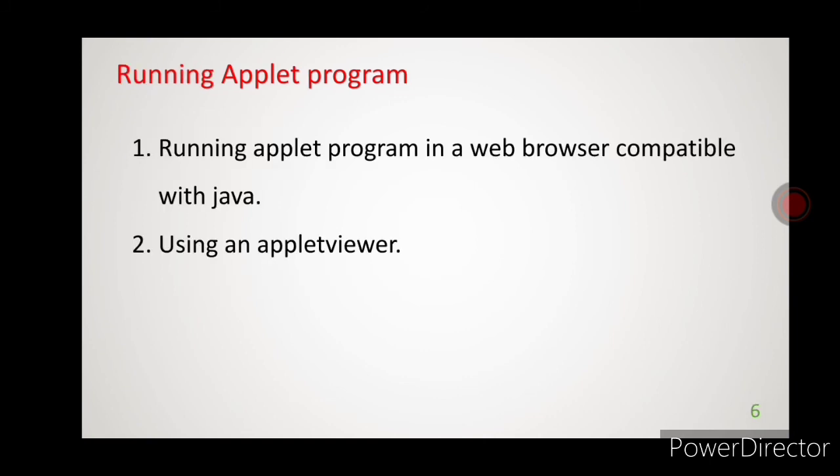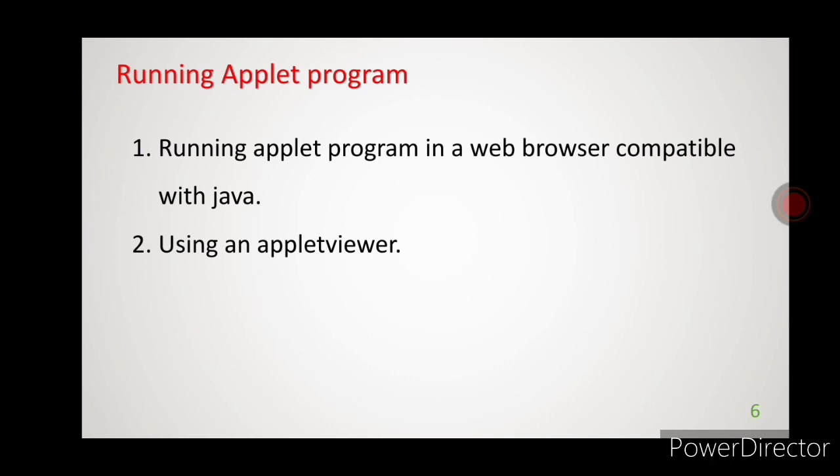Next we will see how to run this applet program. There are two methods to run the applet program. The first one is running an applet in a web browser which is compatible with Java, and the second is by using an applet viewer.